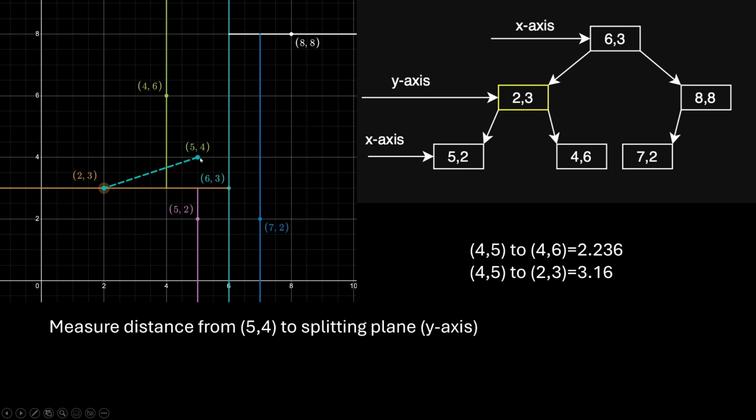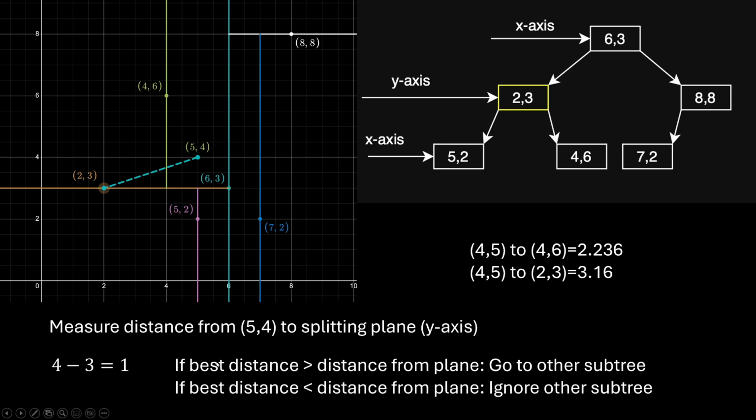So we measure from 5, 4, this point, to this line right here, to this point, which lies on the splitting plane of 2, 3. So we have 4 for the y, and we have 3 right here. So the distance is 1.